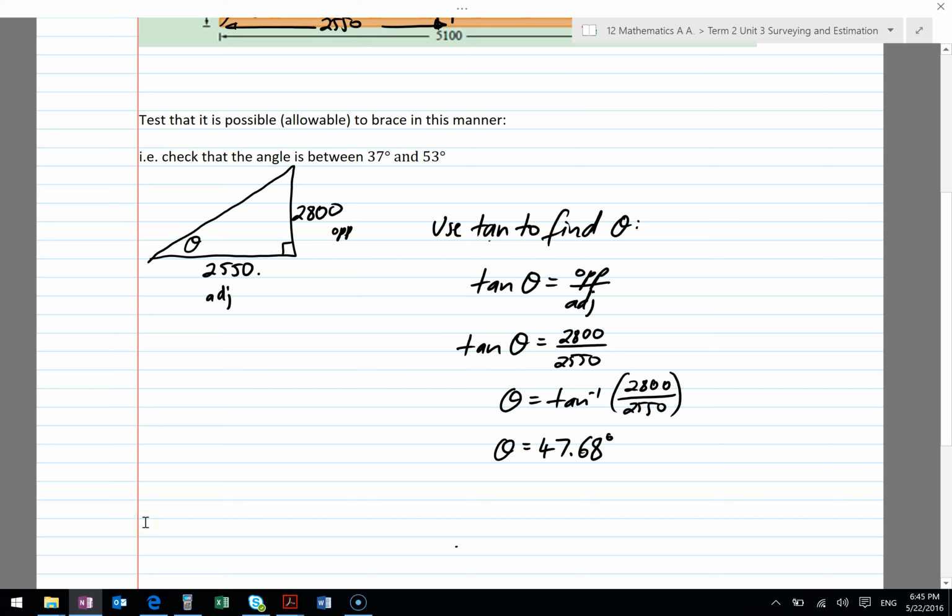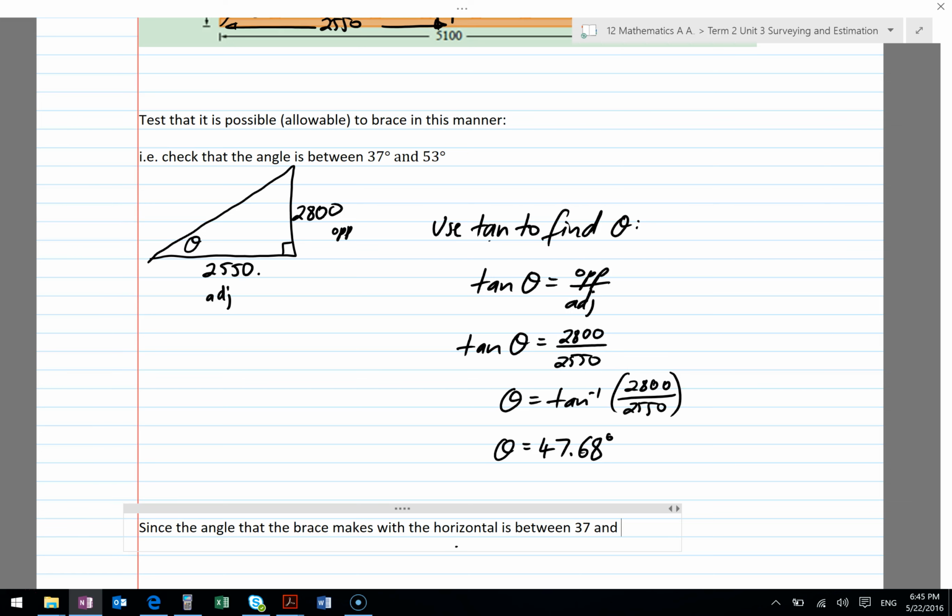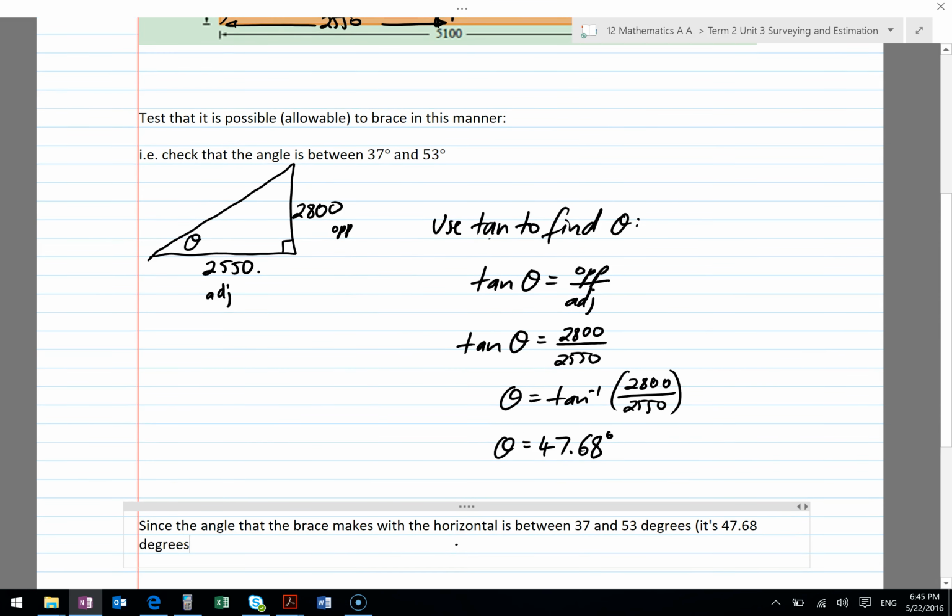So what I'd write down here is, since the angle that the brace makes with the horizontal is between 37 and 53 degrees, and I just make reference to what it actually is, 47.68 degrees, the frame can be braced in the manner shown in the diagram above.